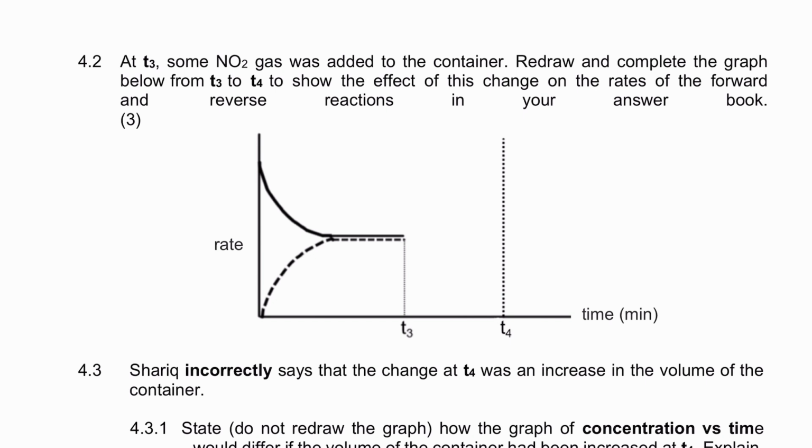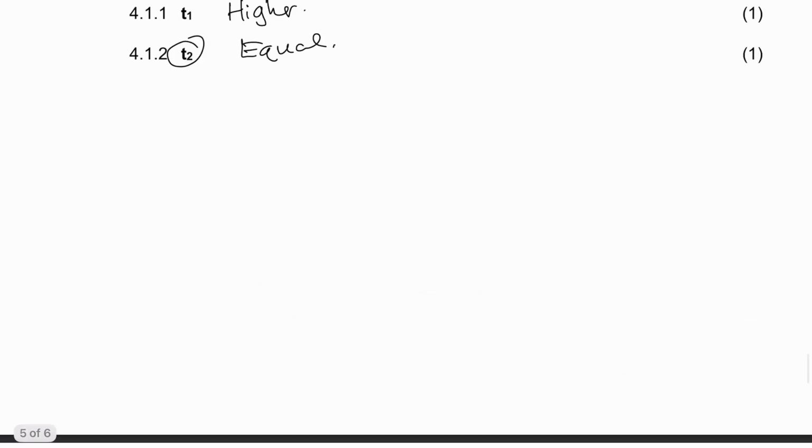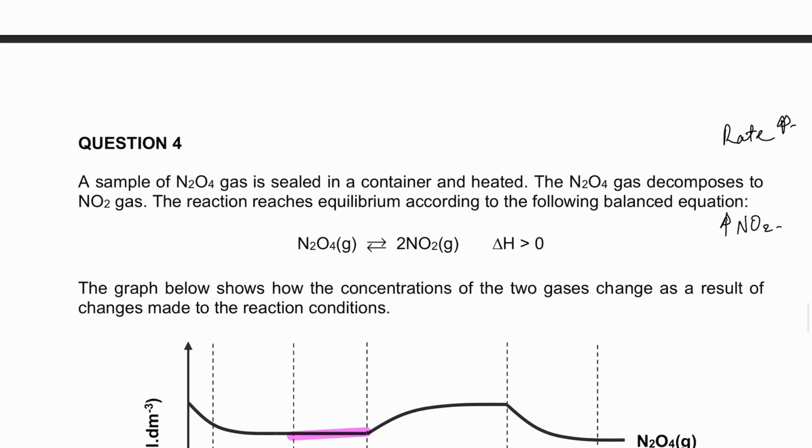So it's going to be somewhere here, right? It doesn't really matter where, but it's going to be somewhere here. So your dotted line and your solid line will be here. But now we need to use Le Chatelier's principle to figure out what's favored and what's going to increase more, what's going to increase less. So if I increase the amount of NO2, the system will want to decrease the amount of NO2. It's going to favor the reverse reaction, right? And so that's going to increase and that's going to decrease.